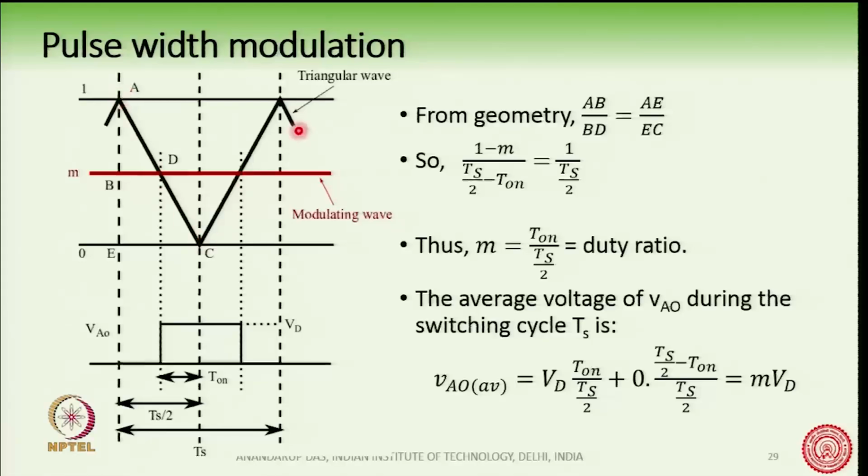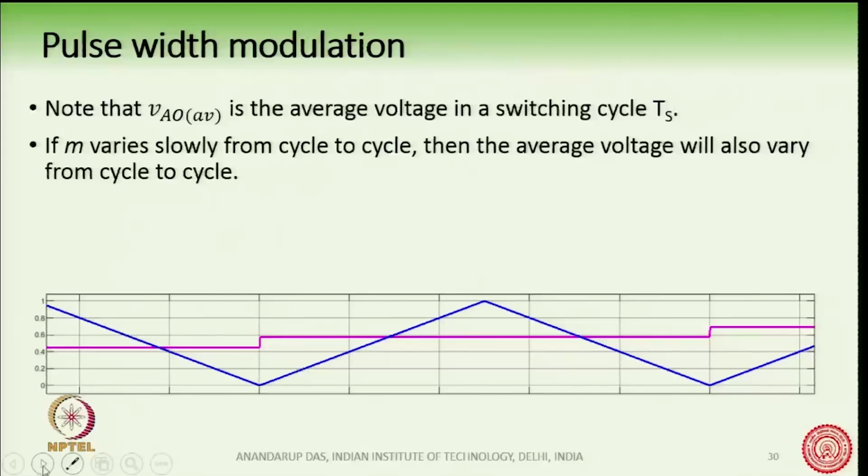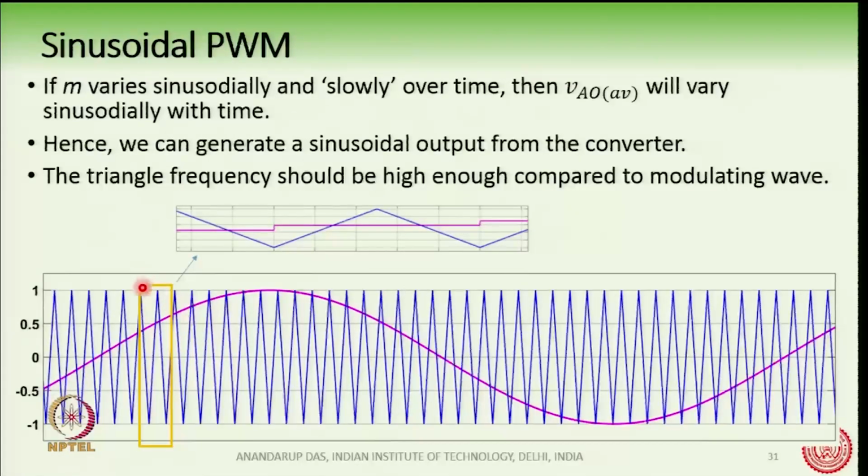In the triangular period, the modulating waveform is almost fixed, it is not changing, because the frequency of the triangular wave is very high compared to the modulating wave, and that is what I had shown. In fact, I had zoomed a small window of this waveform here, and I had shown it in the previous slide.